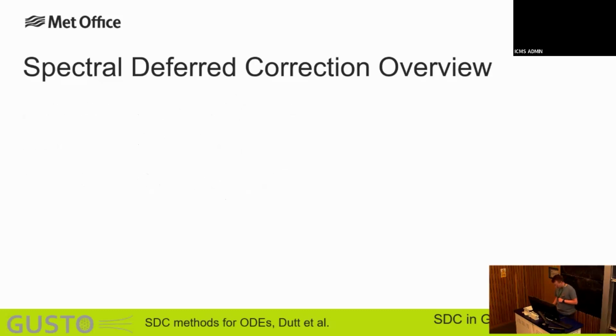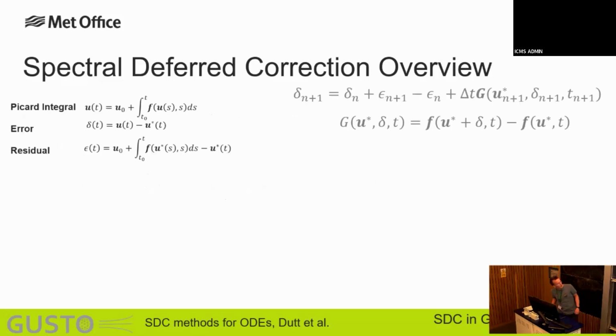I'm going to quickly jump through this, but essentially you can do a bit of manipulation of this and end up time stepping the error in this way. So you've got error n plus 1 equals error n plus the residual n plus 1 minus the residual n plus delta t times g, where g is this difference between the approximate solution plus error and the approximate solution.